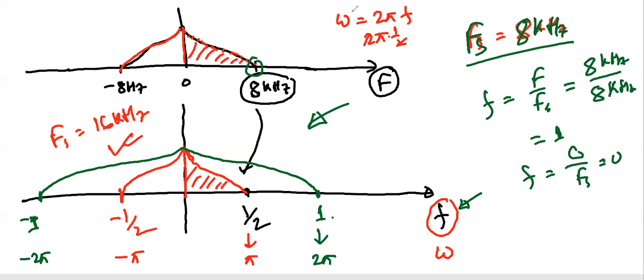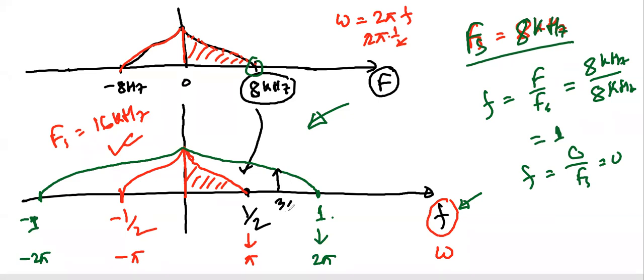Now your task is to find, in the discrete domain, let me make it more convenient for us. In between, what is the value? This is half. 3 by 4. So 3 by 4, that means 0.75.